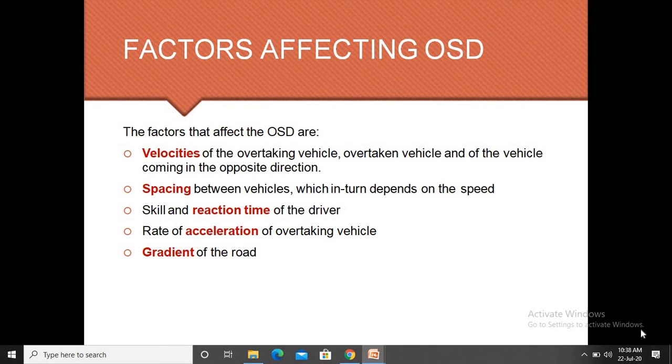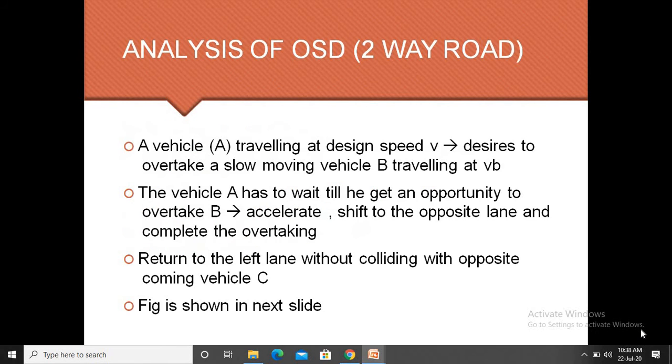At a time when there is no situation to overtake, we need to maintain the skill of the driver, the rate of acceleration of the overtaking vehicle, and the gradient of the road. We need to consider these things, and also the analysis of a two-way road. A vehicle A traveling at a design speed V desires to overtake a slow moving vehicle B traveling ahead.